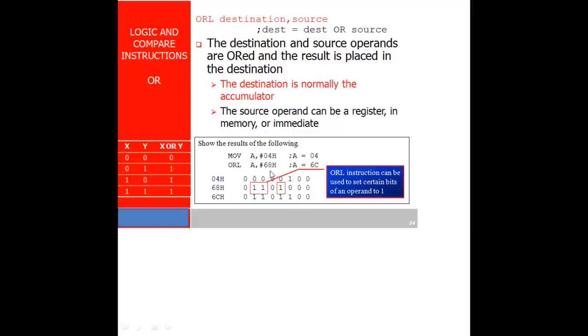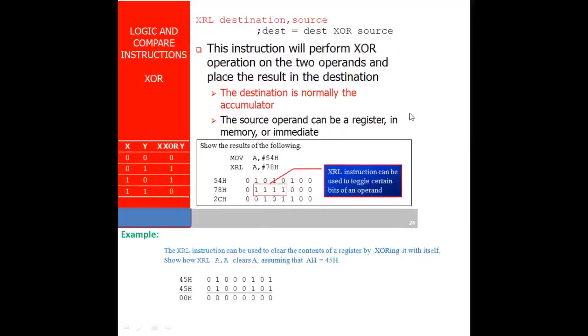So this operation, the ORL operation, is performed to set certain bits of an operand to logic 1. Okay, so you can check this by writing the binary form of the hex values 04H and 68H. You see that this 1 and 1 makes the output 1, and this one makes this output 1. So finally we are getting 6CH.